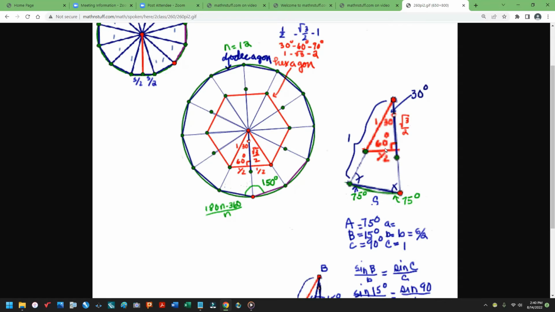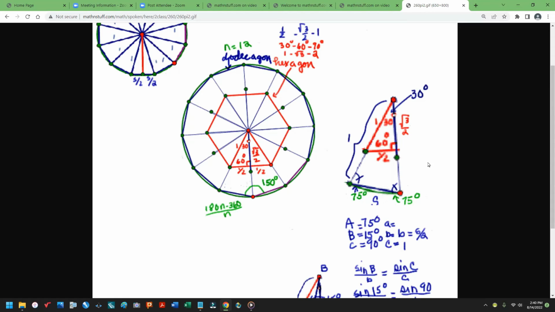The one opposite the 30 is the baby side. The double that is the hypotenuse, or the daddy side. And the middle one, the one between the smallest and the largest, is the mommy side. It's equal to the square root of 3/2.